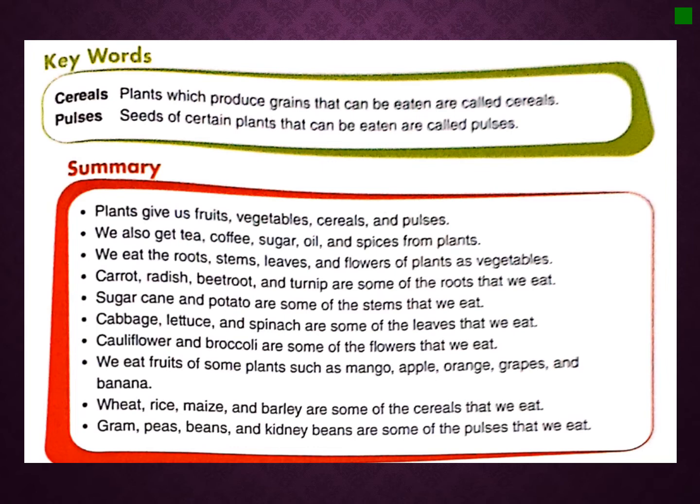We eat fruits of some plants such as mango, apple, orange, grapes, and banana. Wheat, rice, maize, and barley are some of the cereals that we eat. Gram, peas, beans, and kidney beans are some of the pulses that we eat.